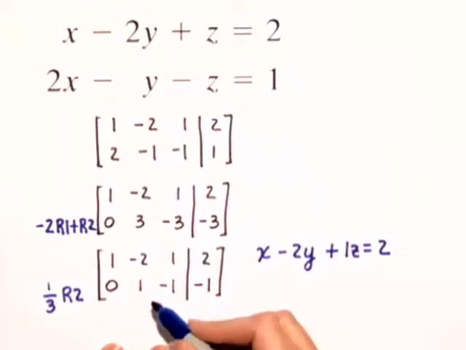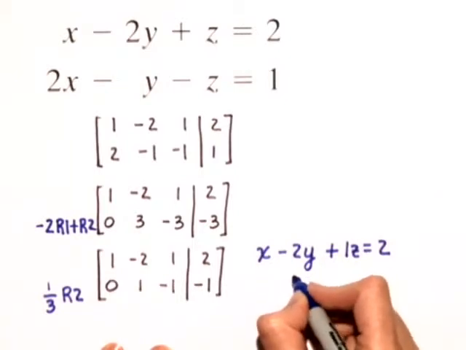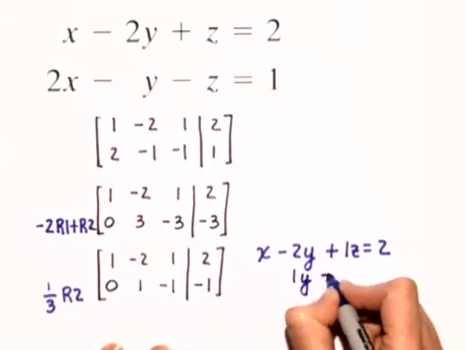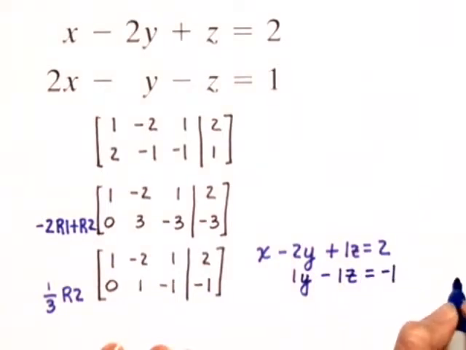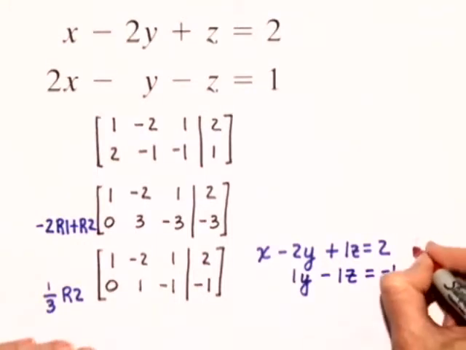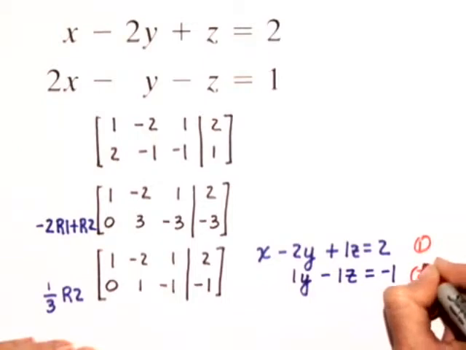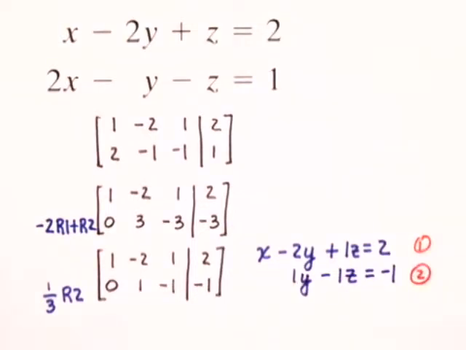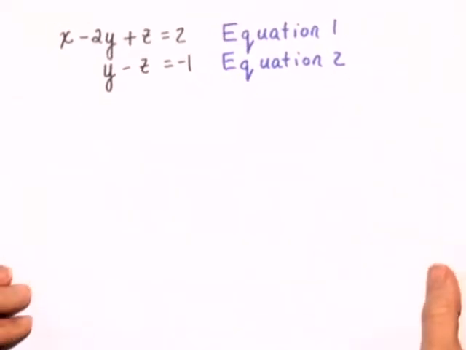And the second row means 0x, so I don't need to write that down, plus 1y minus 1z is equal to -1. I'm going to call the first one, just for the moment, equation 1. And the second one, I'll call equation 2. So I've rewritten equation 1 and equation 2 down.